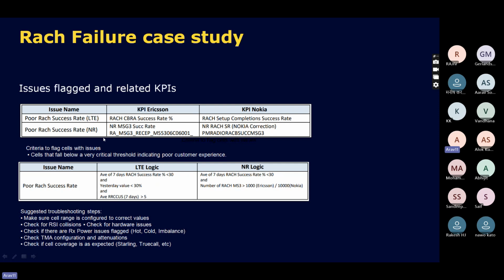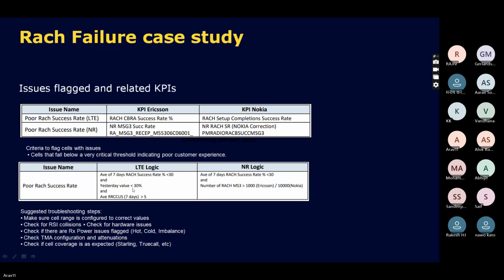Or you can say NR message 3 success rate is very low. So the issue was poor RACH success rate. We took the average of 7 days RACH success rate, which is less than 30, and the last value is also less than 30.